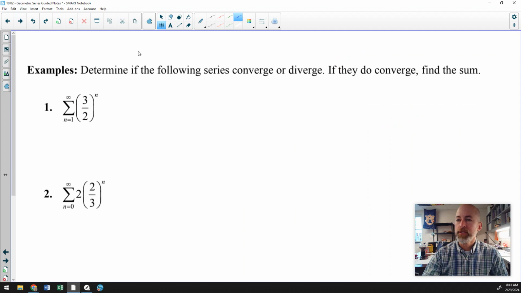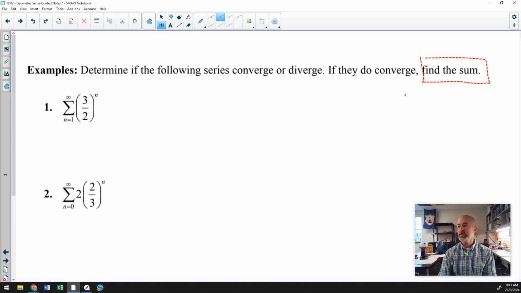And let's look at a few examples. Let's determine if these series converge or diverge, and if they converge, find the sum. I'm going to point out that phrase right here. In my class, in AP Calculus BC, you will only know how to find the sum of three types of series. One is a geometric series.